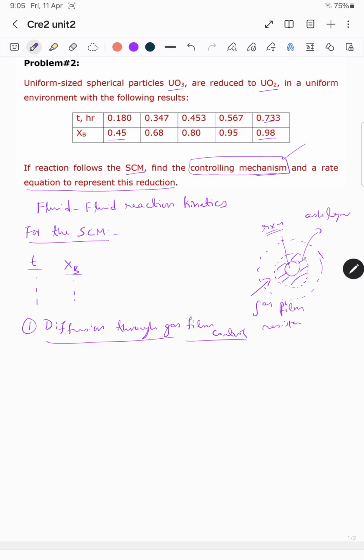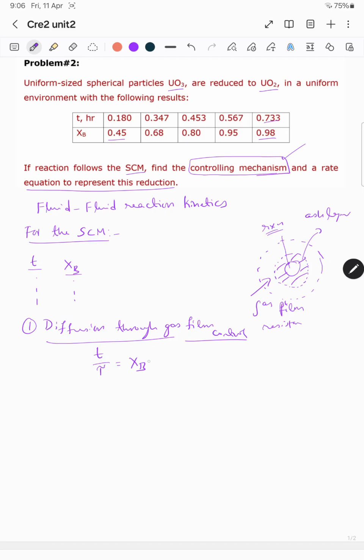As we have discussed already the derivation of this gas film control, I have derived the expression for the relationship between time and conversion of the particles, that is t by tau is equal to xb. This relationship shows how the particle gets reacted and converted into product.